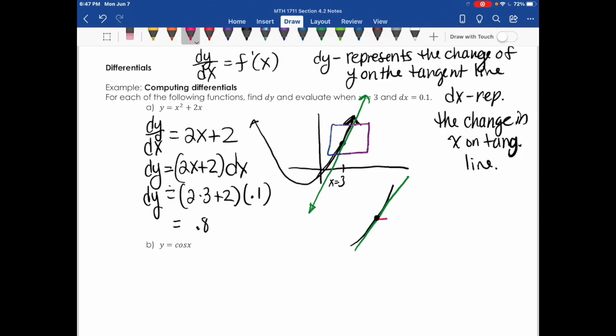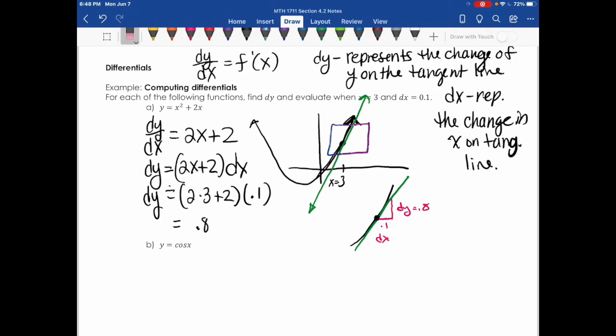Now, if I move over from x equals 3, if I move over 0.1, that's my dx, my dy is 0.8. So my dy is my differential and my dx is my differential. Now look at how close that is to the change in the function, because you're so close to that function because you're looking at the tangent line. If I look at the change in the function, let me pick a different color here. Let's pick purple.